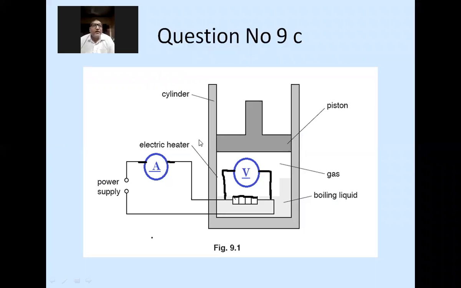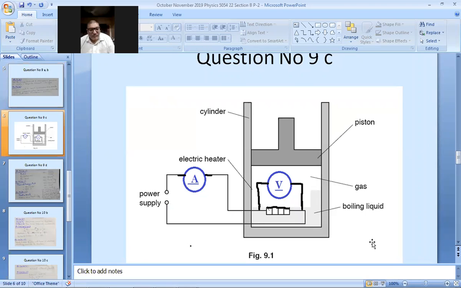Here I have shown an ammeter which is connected in series with the heater, and here I have shown a voltmeter which is connected in parallel to the heater. So this is what you have to do. Hopefully you understand.